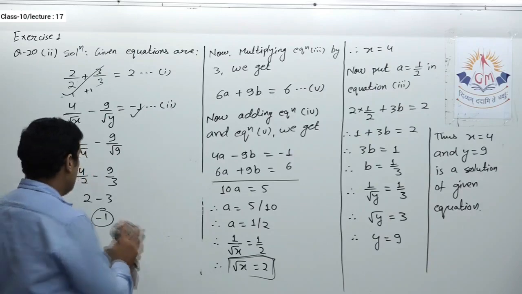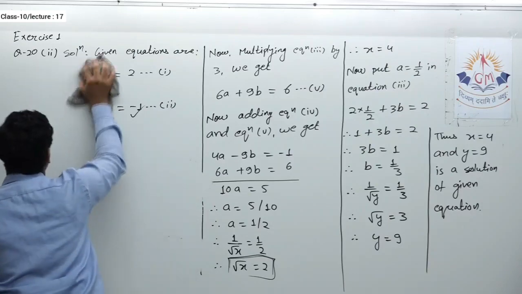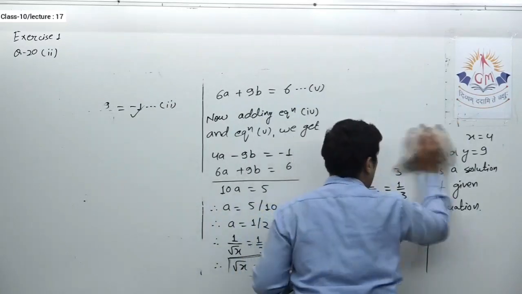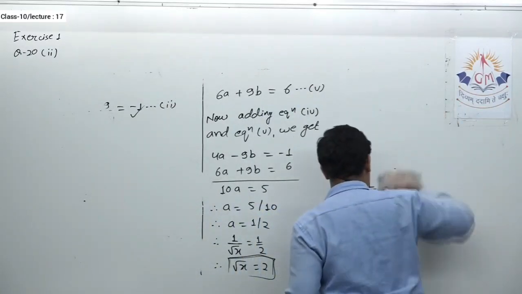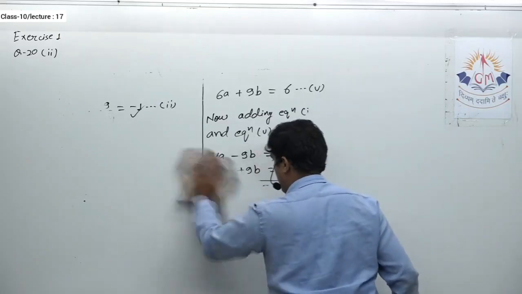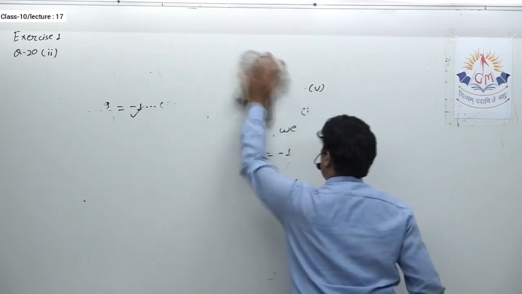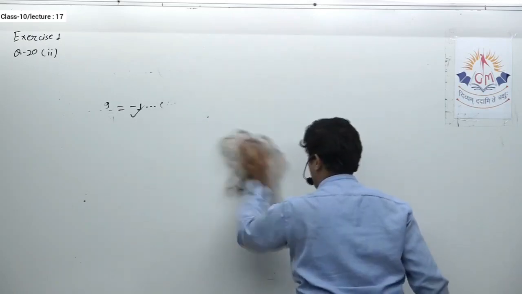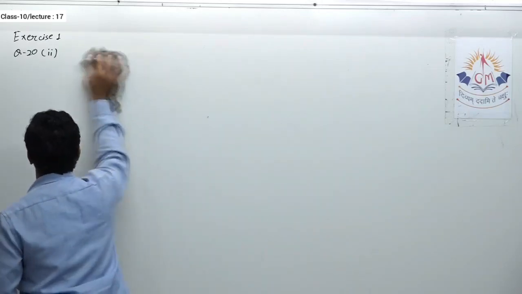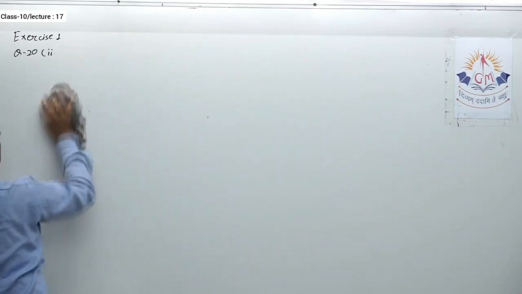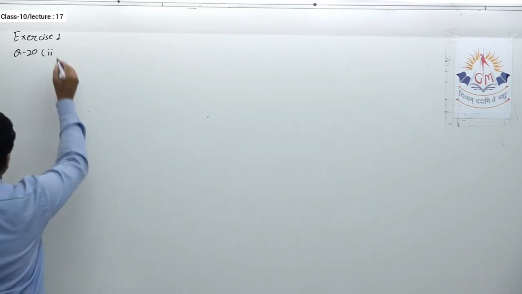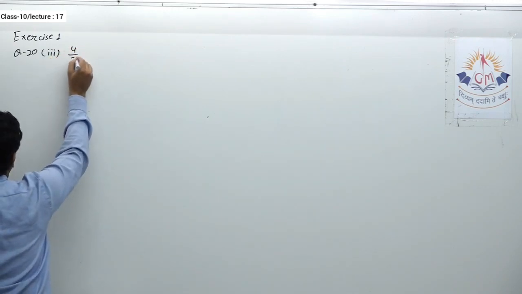Now we will see question number 3. Question number 3, it is 4 upon x.